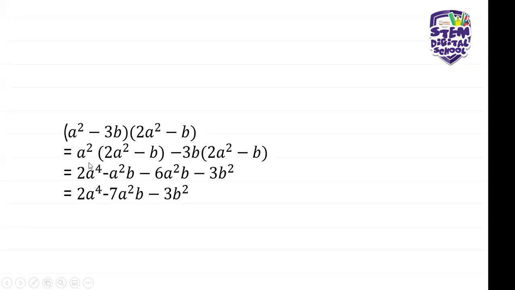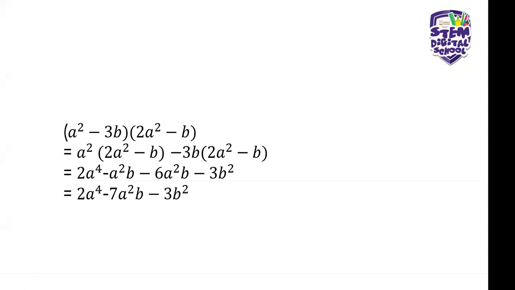We now say that a squared times 2a squared is 2a to the power 4. So as you can see, the first answer there will be 2a to the power 4. Why is the exponent 4? Remember, when you multiply two powers with the same base, you add the exponents. So this takes us back to one of the lessons which you have already done, that is exponents.